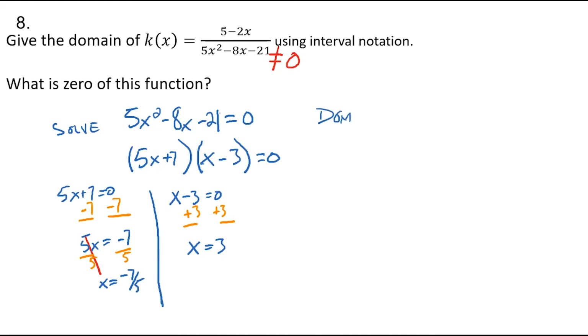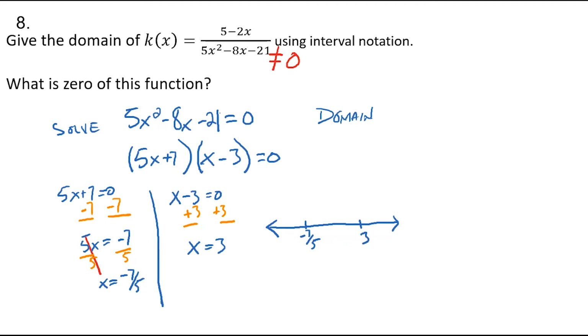Our domain is, well, let's look at this on the number line first. We end up with negative 7 over 5, that's like negative 1.4, and then we end up with positive 3.